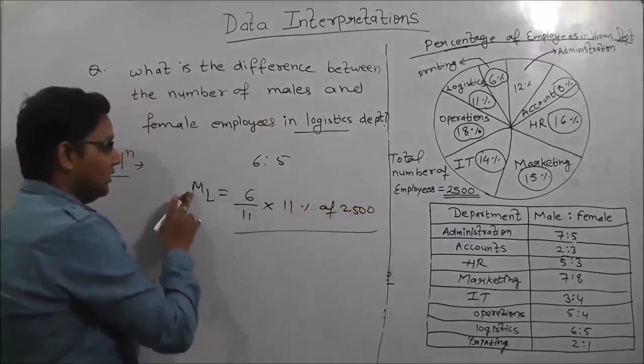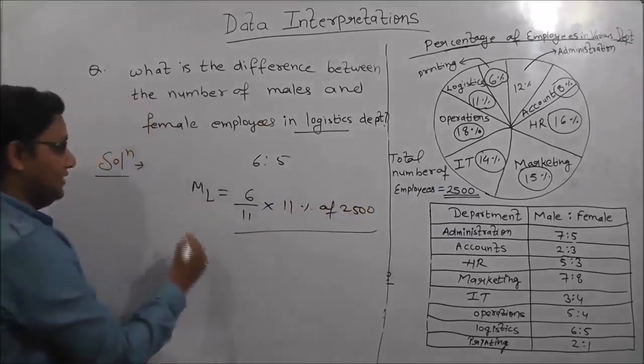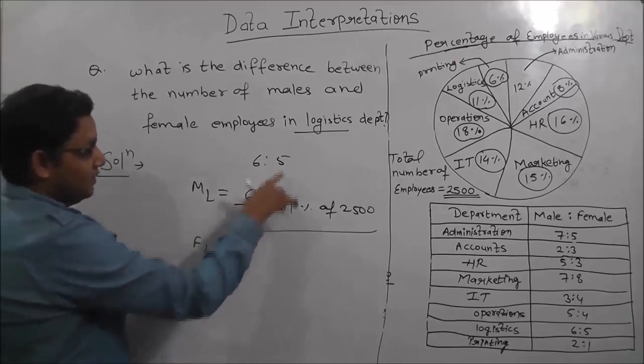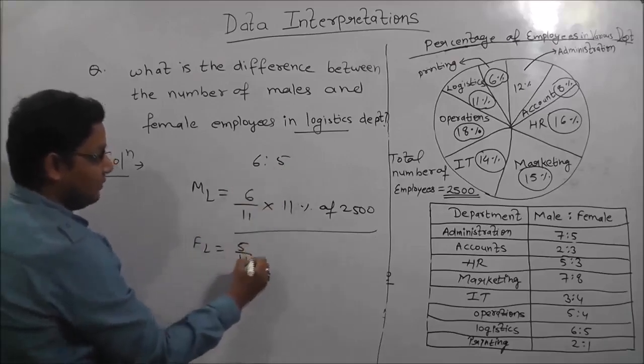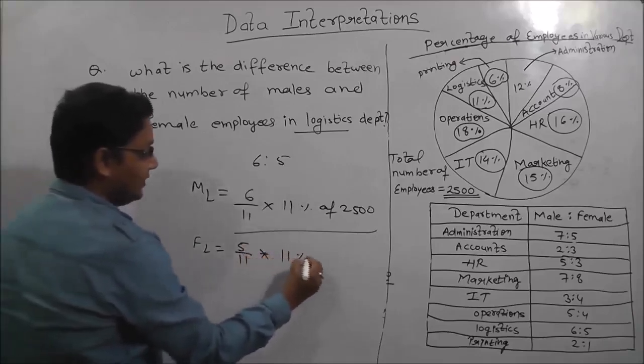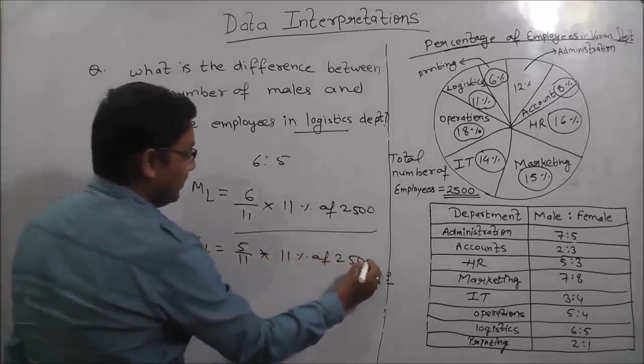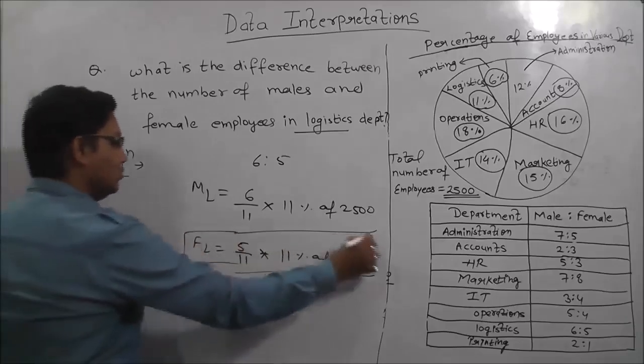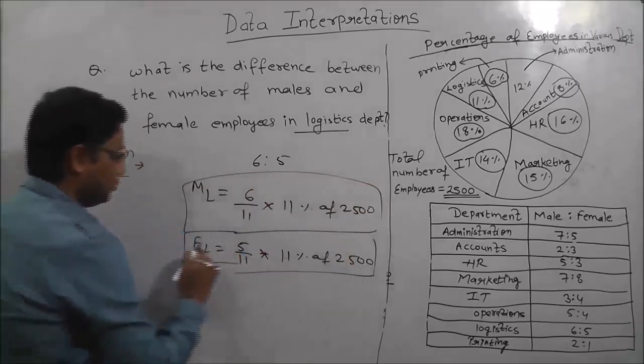So this is the number of males in the logistic department. So the number of females in the logistic department will be how much? See, 5/11 into 11% of 2500. And we have to find the difference of these two values.